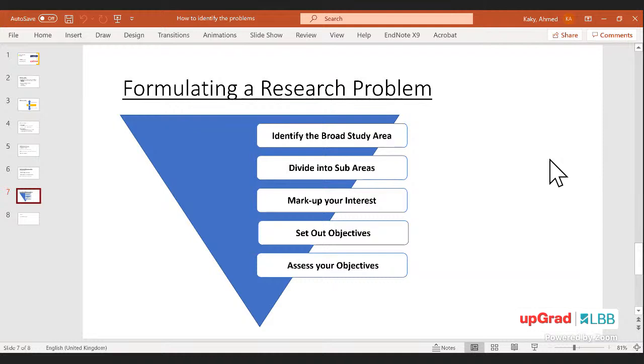Then after picking up your area of interest, which is the sub area, you should formulate your research question.